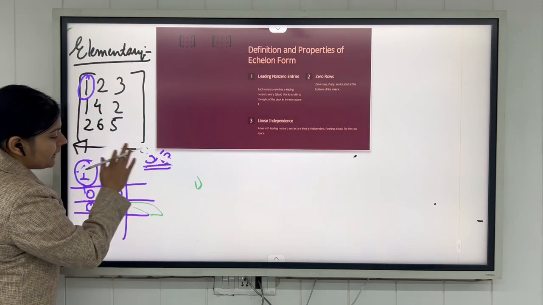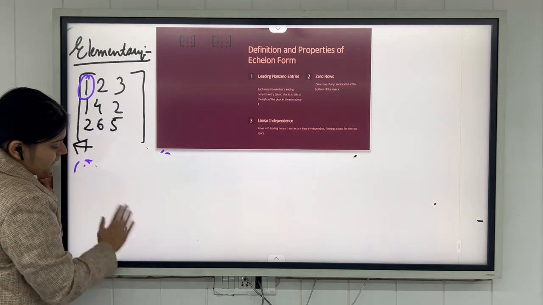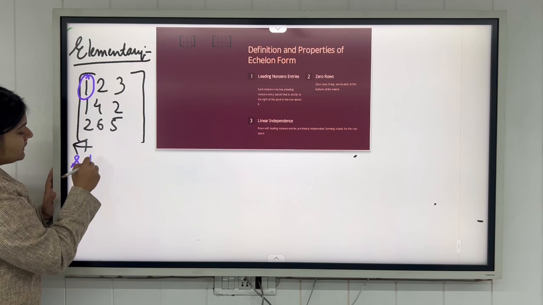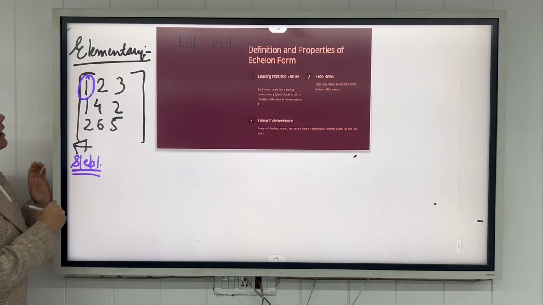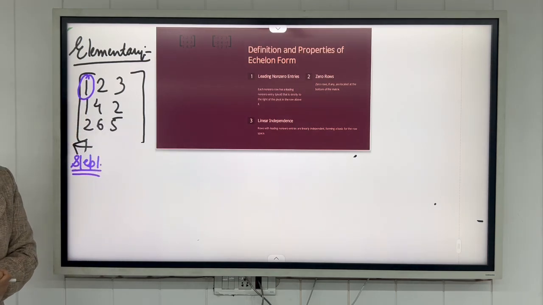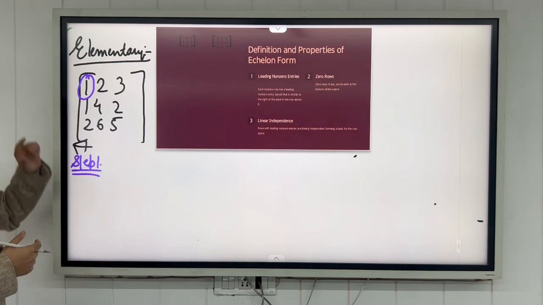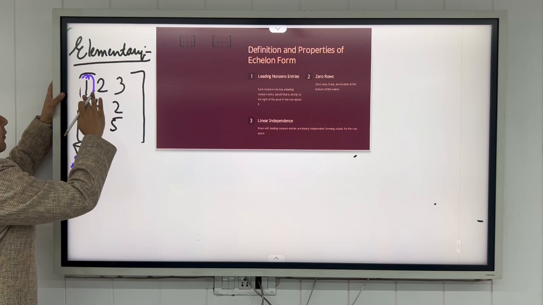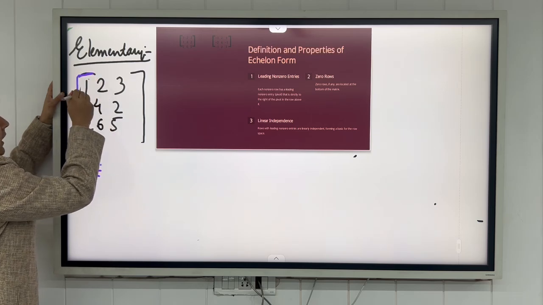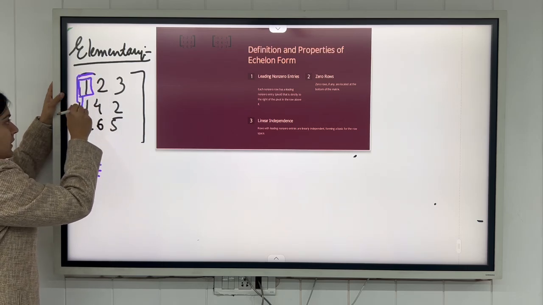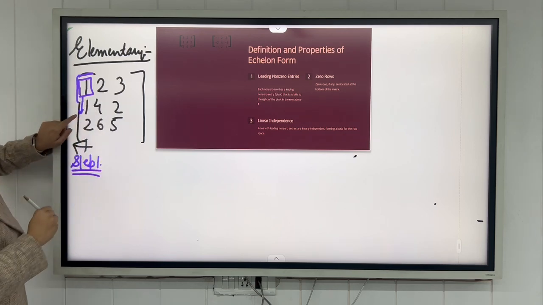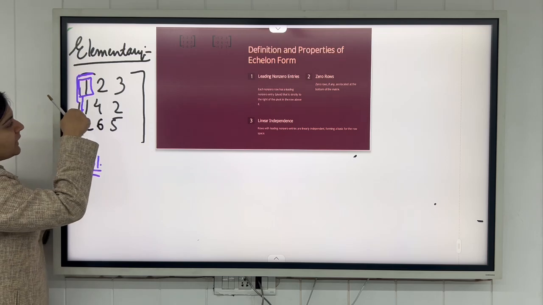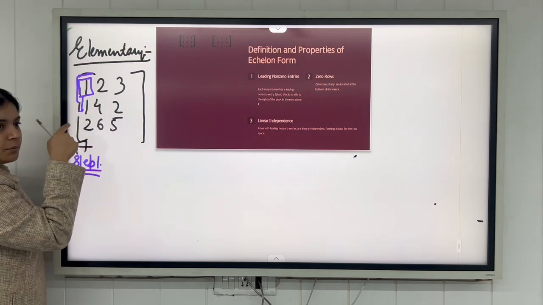To start with the elementary transformation, the very first step is step number 1. In this matrix, the first element is already 1, so we are already on the safer side. But as I told you, after the 1 in the first row, you make A21 and A31 to be 0.